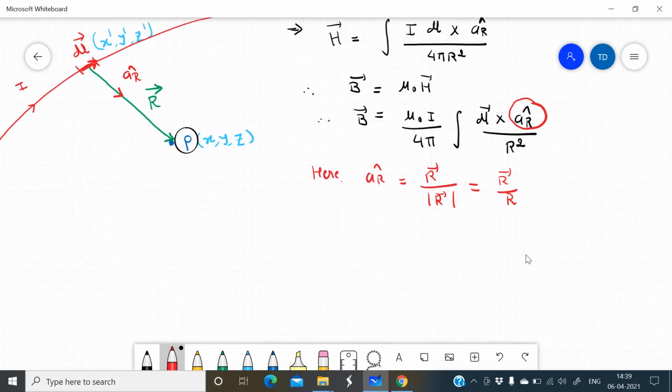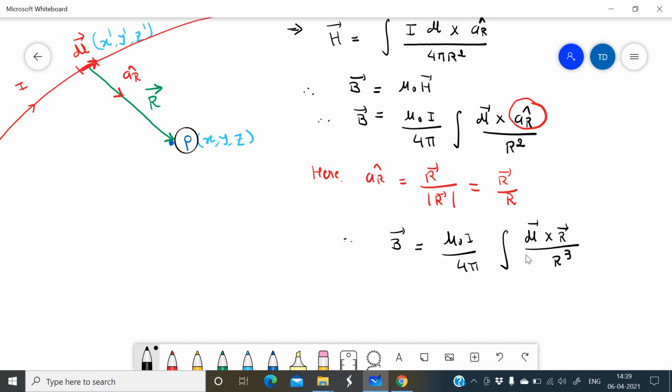So B vector is equal to mu 0 I upon 4 pi integration of dl vector cross r vector upon r cube. Finally I got this equation.